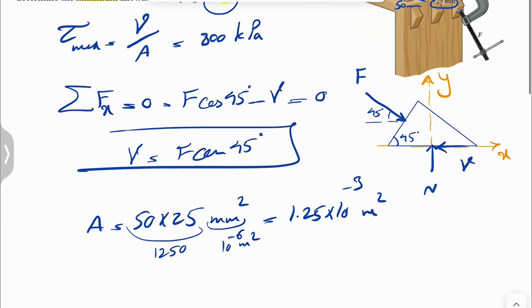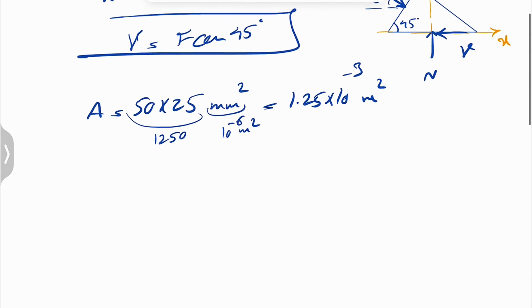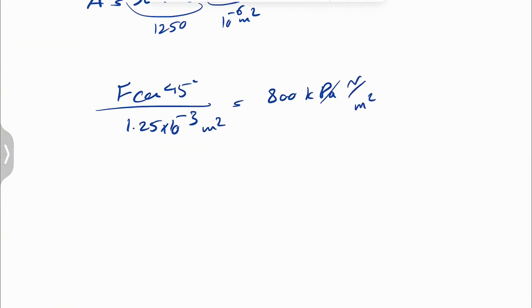Now we are looking for the force F, as the question is asking us. We just have to plug the numbers into this formula: F cosine of 45 degrees over the area, which is 1.25 times 10 to the minus 3, equals 800 kilopascals. We know a pascal is newton per meter squared, and we found the area in meters squared, so that should give us F in kilonewtons.